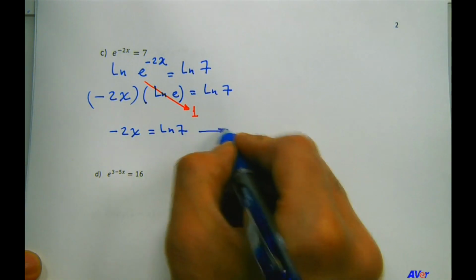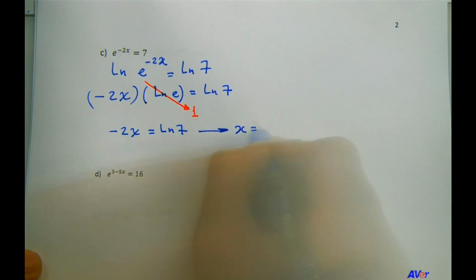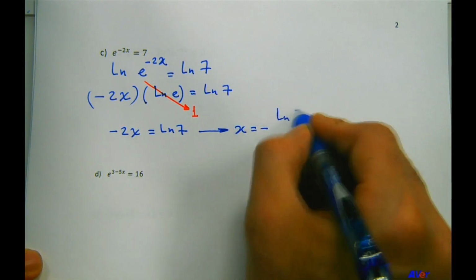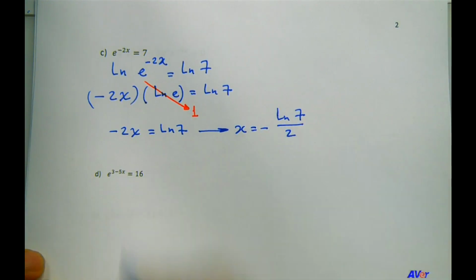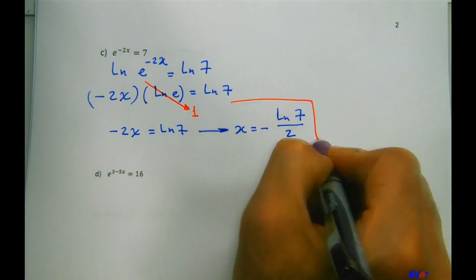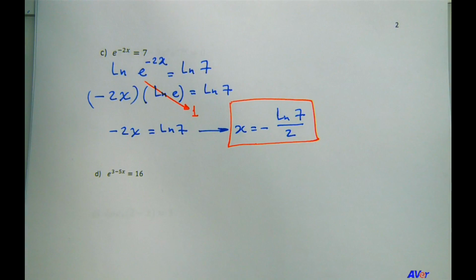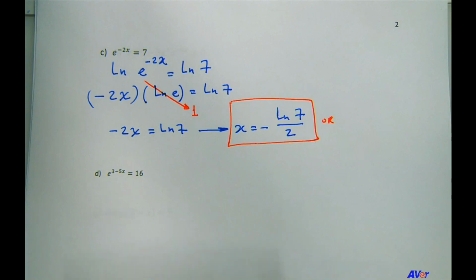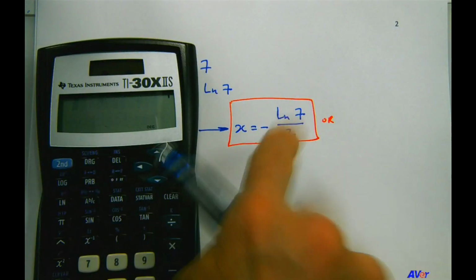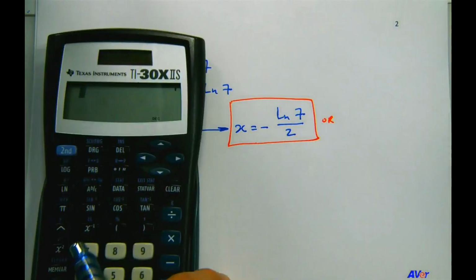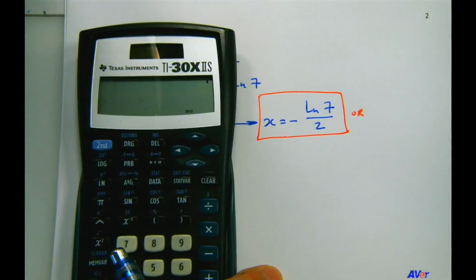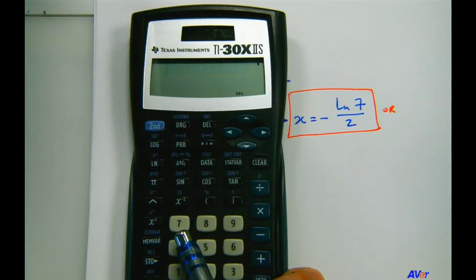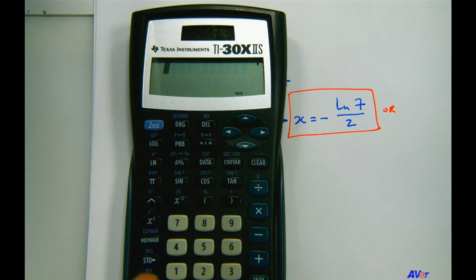Okay, so if you're not allowed to use a calculator, all you have to do is say x equals minus natural log of 7 divided by 2. And that's the final answer if you're not allowed to use a calculator. But if you are allowed to use a calculator, we can calculate natural log of 7 divided by 2. So let's do that.